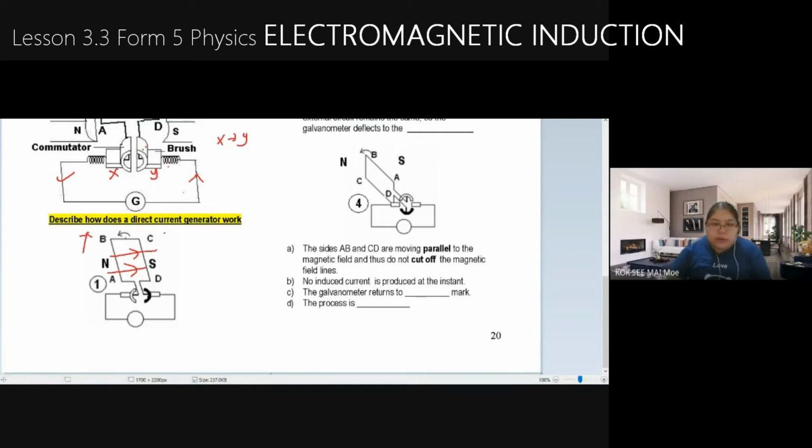Oh, sorry, reversed. So this one is down, this one is up. Now I need to know whether the galvanometer goes right or left. This one is right, this one is left. Okay, you show me.